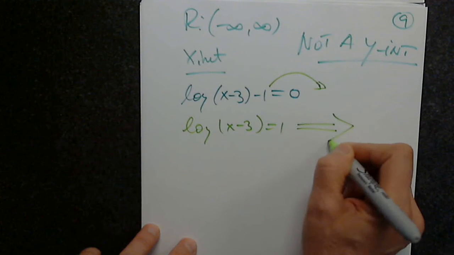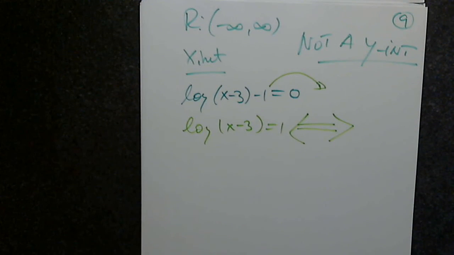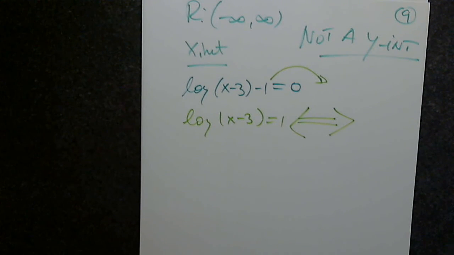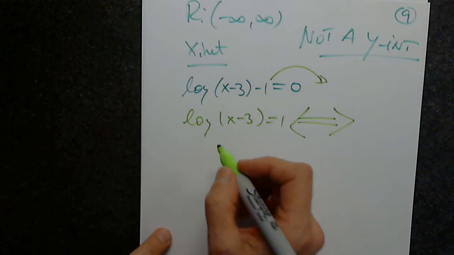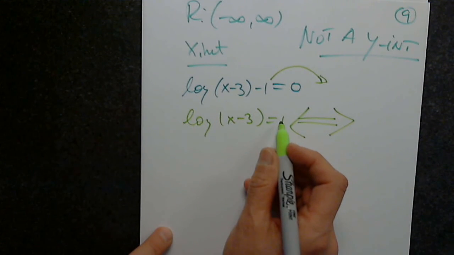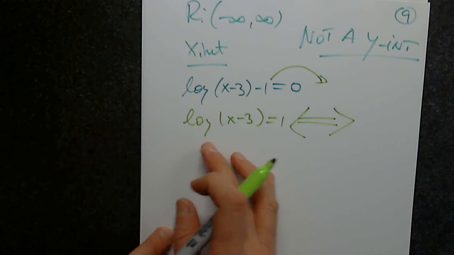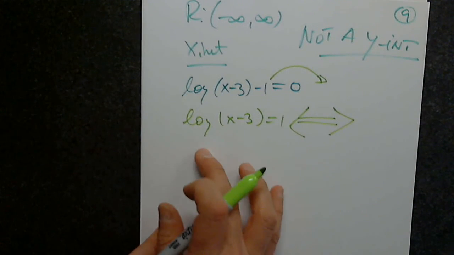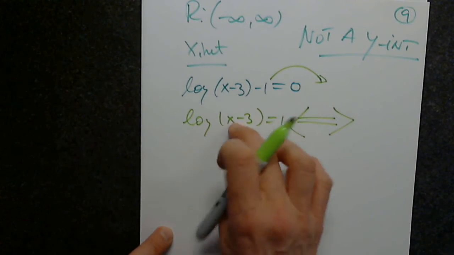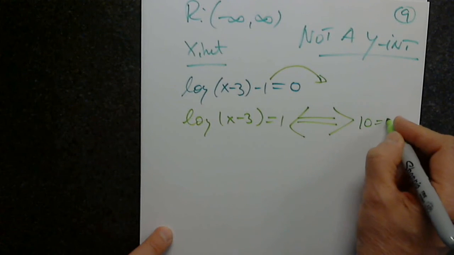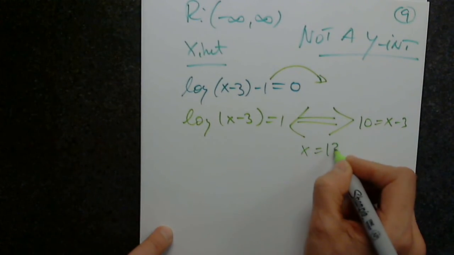Then I will write the exponential equation starting from the base, counterclockwise, raising to this power. I don't see the base. Indeed, 10 to the first power. Please do not multiply, it's not 10 times 1. This raised to this power equals x minus 3. So 10 equals x minus 3, so x equals 13.